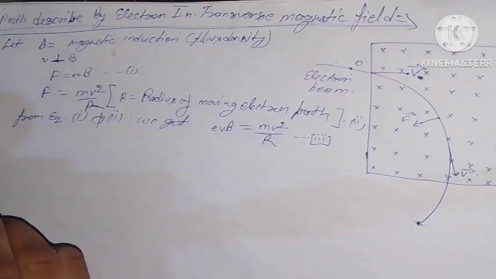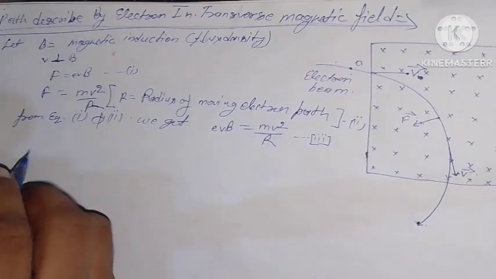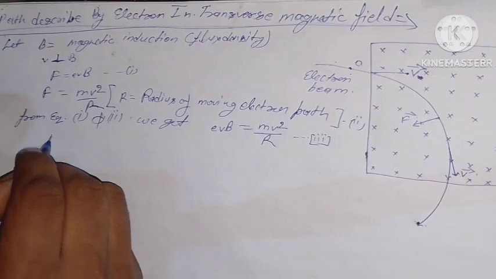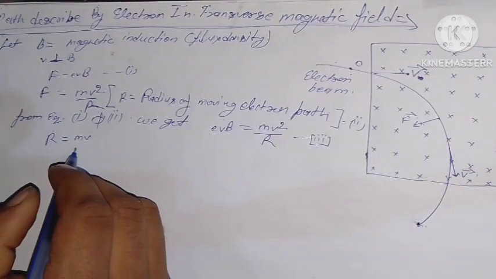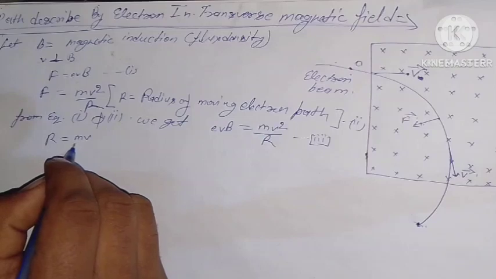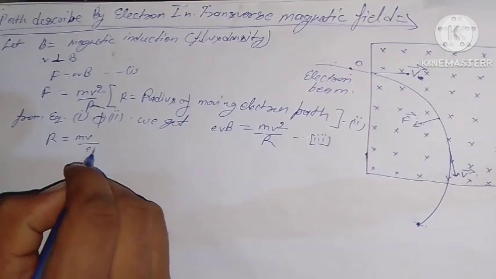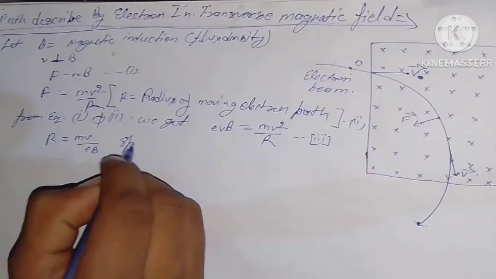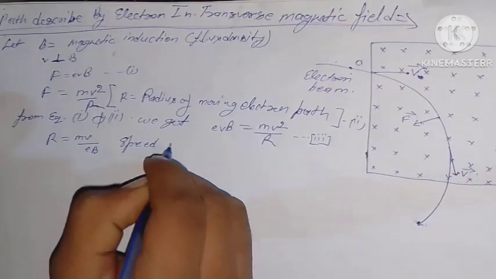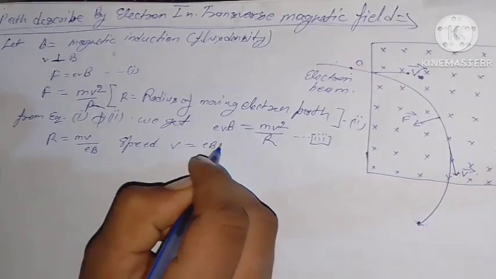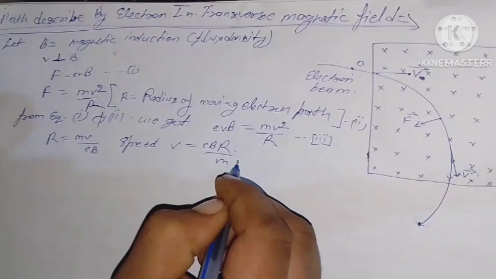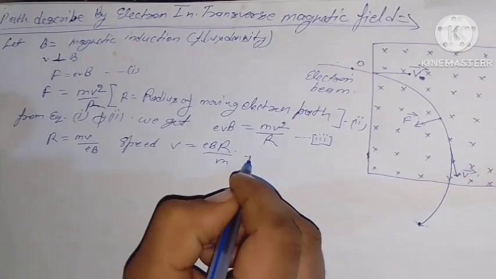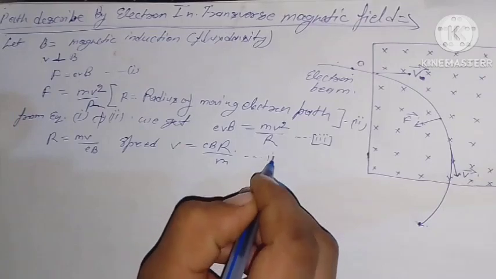The radius of the circular path is given by R equal to mv upon eB, and speed v equal to eBR by m. This is equation number 4.